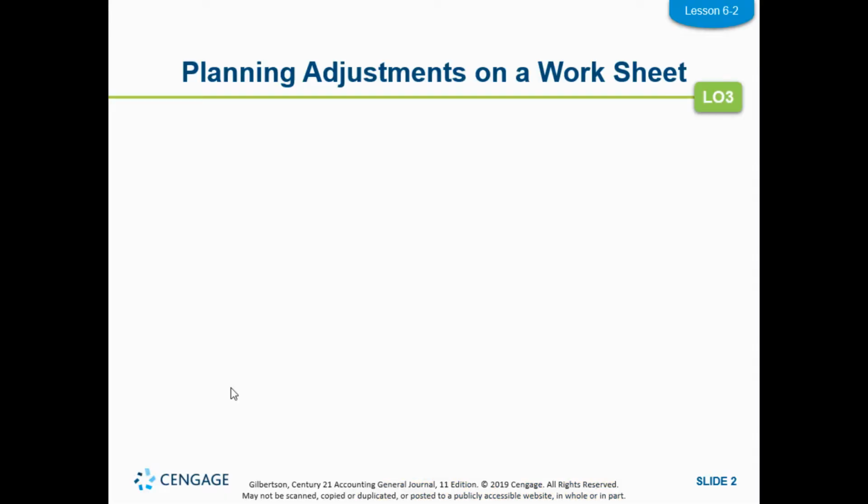Okay. So first of all, we need to understand a few things about adjustments. Up until this point, we have just debited prepaid insurance and supplies.